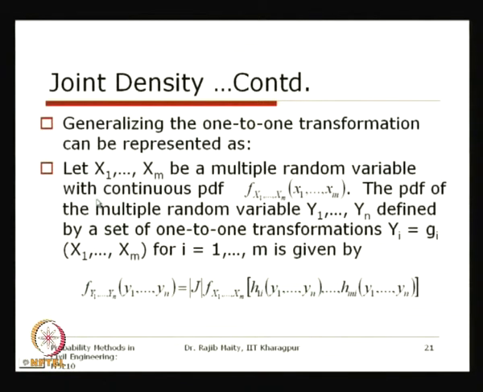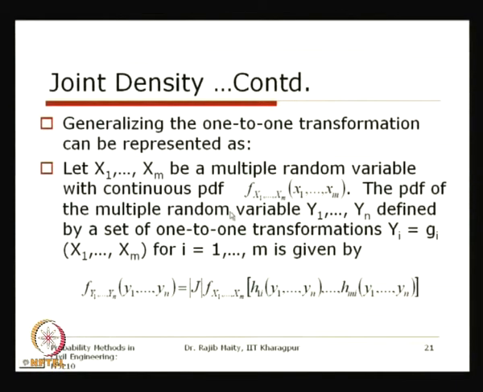So, let X1, X2, up to Xm be multiple random variables with a continuous joint PDF, f of X1, X2, up to Xm.